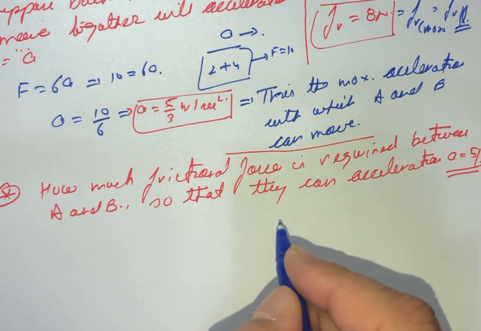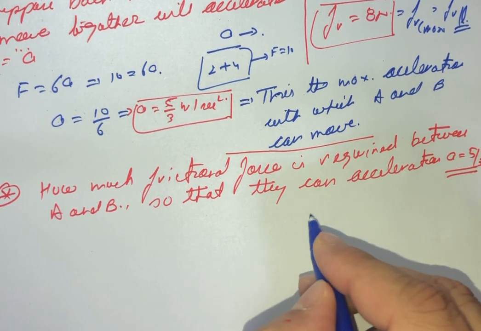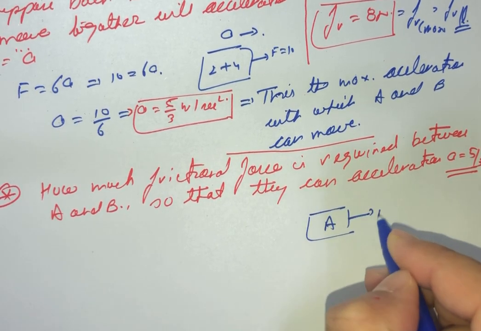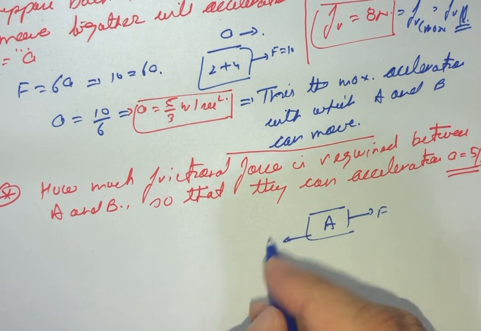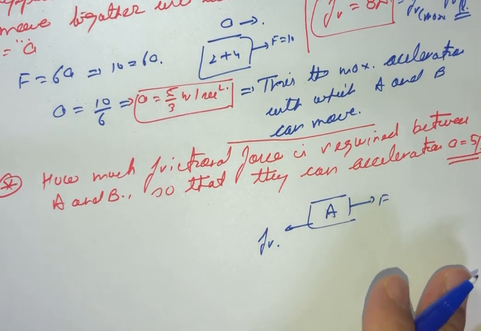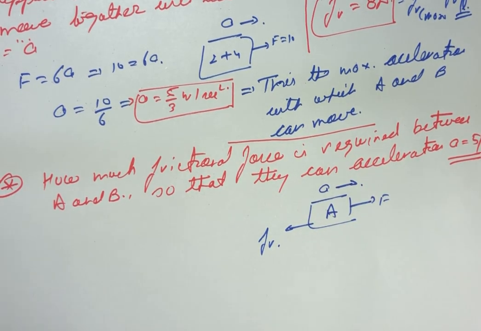So let us draw it for block A. So this is our A, F, and let us call this Fr. And it is moving with the acceleration a in this direction.